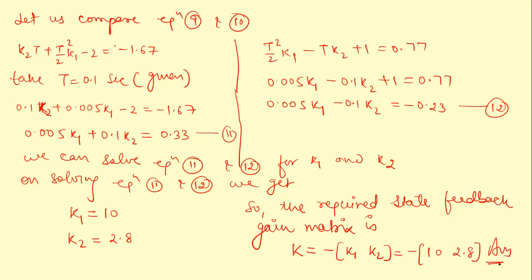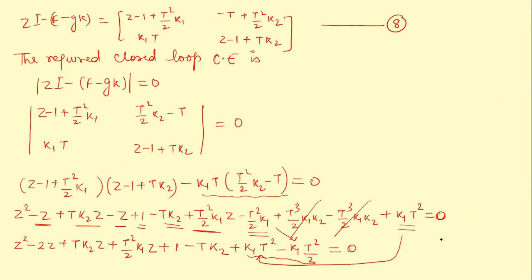So this is the answer for this question. That means this state feedback gain matrix will place the closed loop poles of the characteristic equation number 9 at the desired location, right? So how did we solve this numerical?